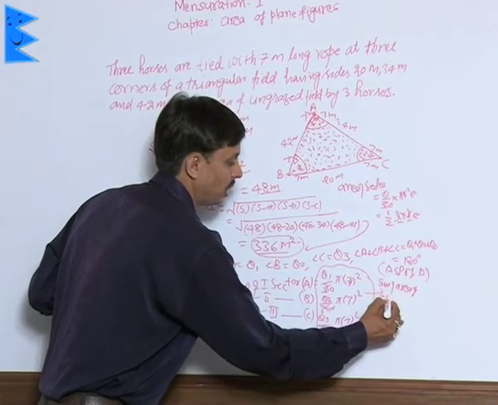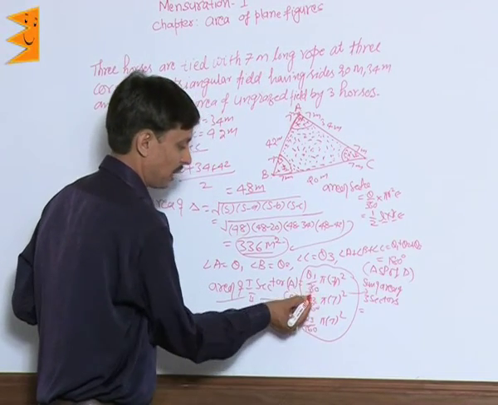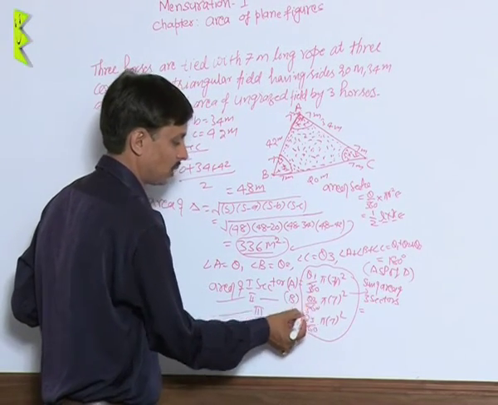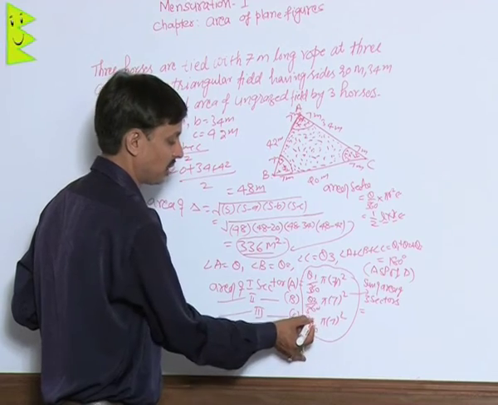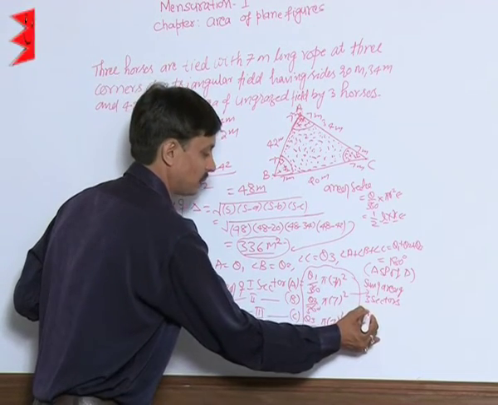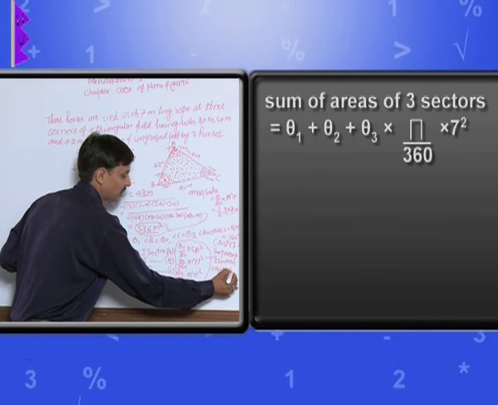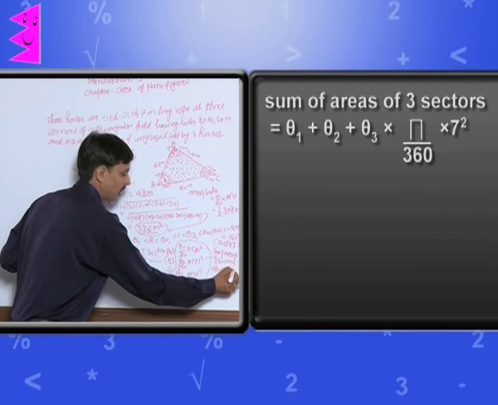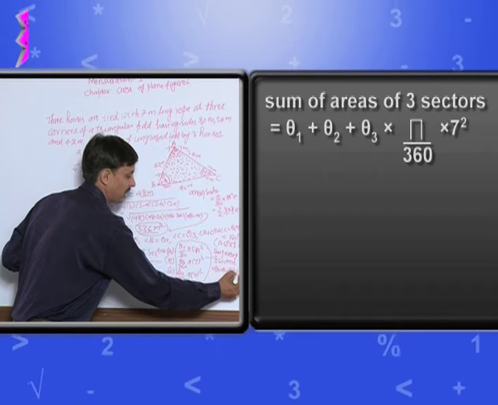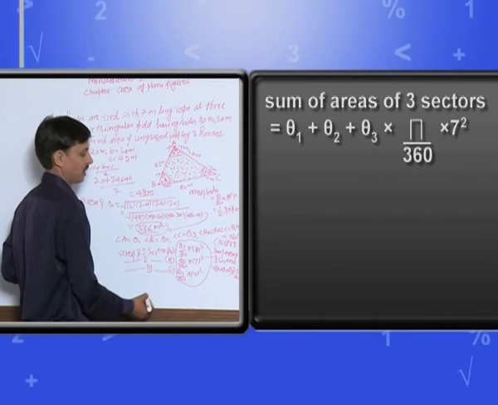So the sum of areas of three sectors becomes theta 1 upon 360 pi r square plus theta 2 upon 360 pi r square plus theta 3 upon 360 pi r square. So we can say it is theta 1 plus theta 2 plus theta 3, multiplied by pi by 360 into 7 square.